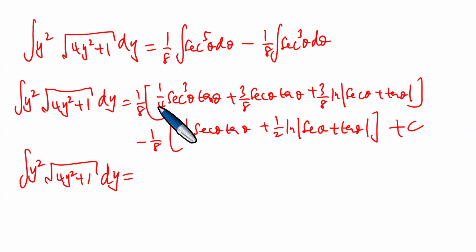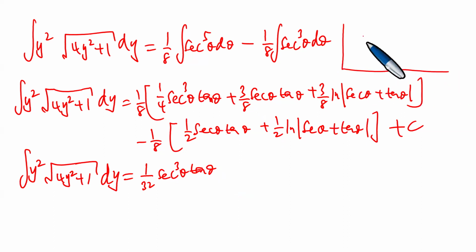Now let's look at the secant cubed, which is 1/16, because 8 times 2 is 16, the secant cubed of theta, the tangent of theta. So now if you have this one, 3/8 and minus 1/16, what's the answer to this?